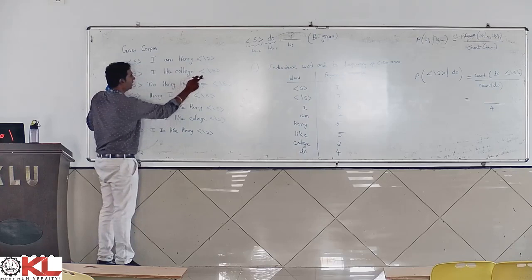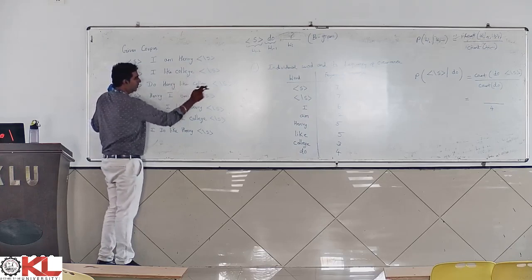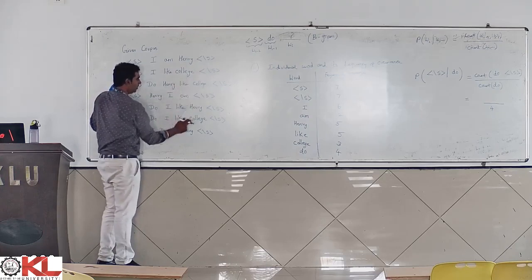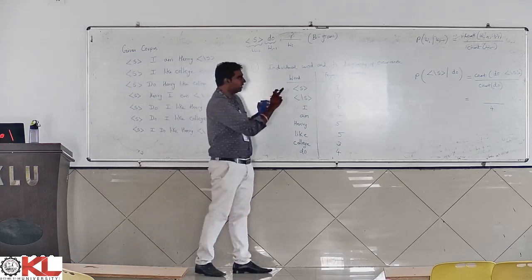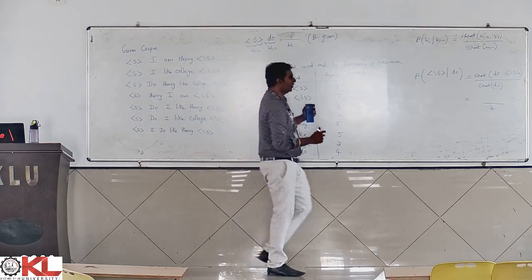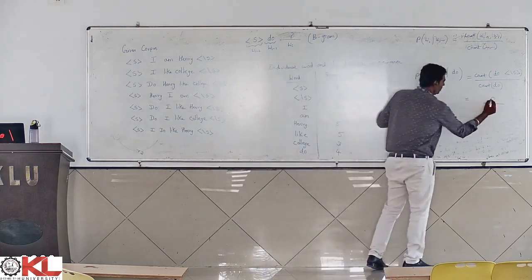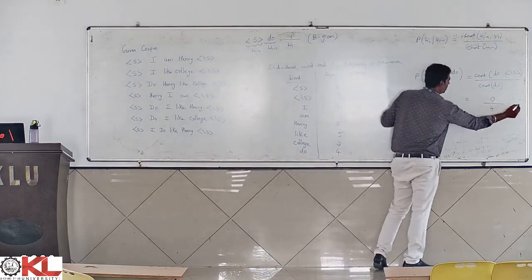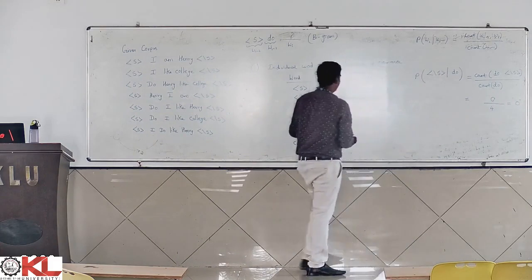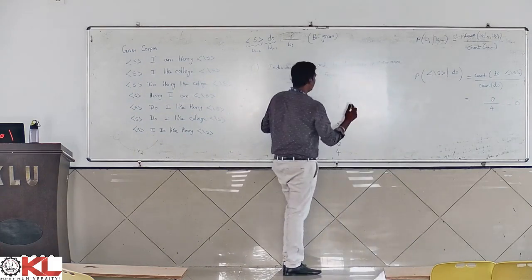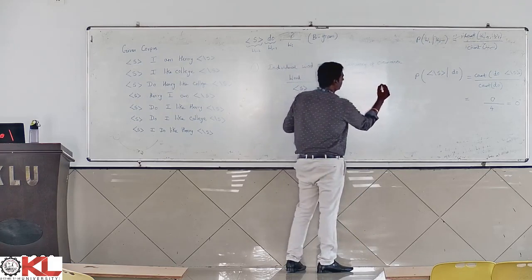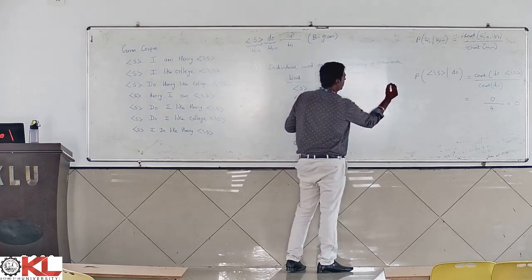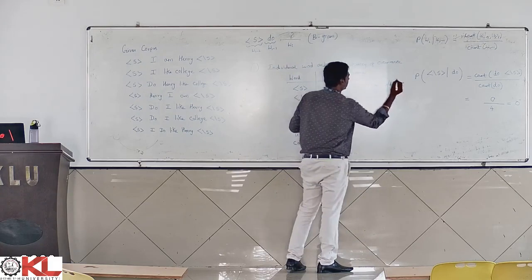Second one, no. Third one, no. Fourth one, no. Fifth, sixth, seventh, there is no occurrence of that particular sequence. So I am writing it as 0. The answer is 0. So the first one I have predicted: P of end of sentence after do equals 0.